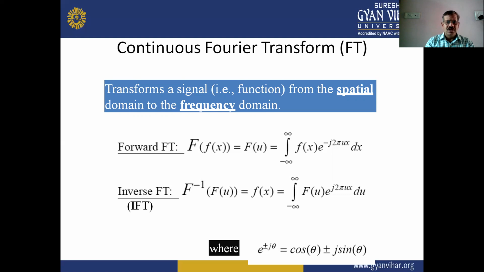So this is the inverse Fourier transform, where e to the power plus or minus j theta equals cos theta plus or minus j sin theta.